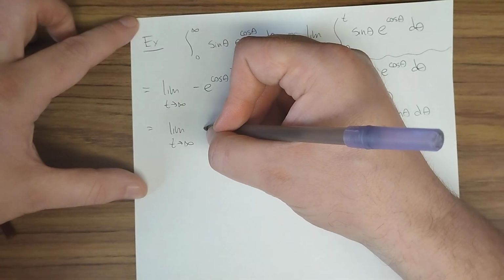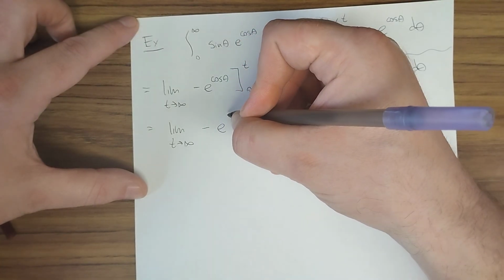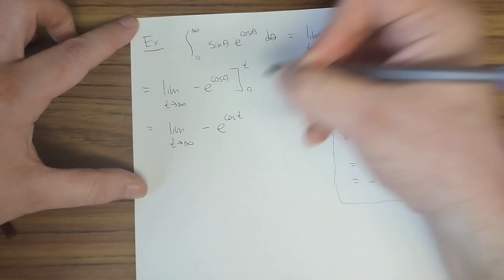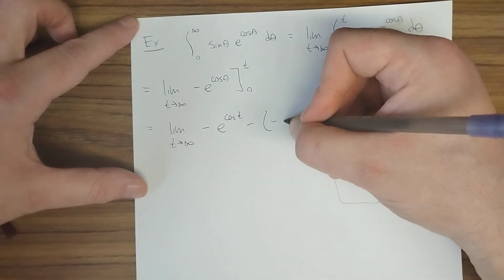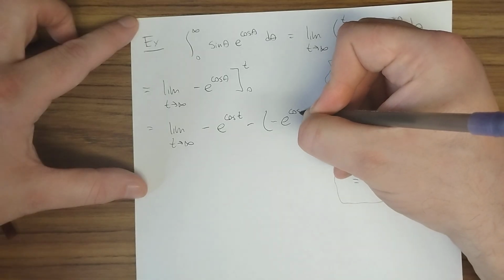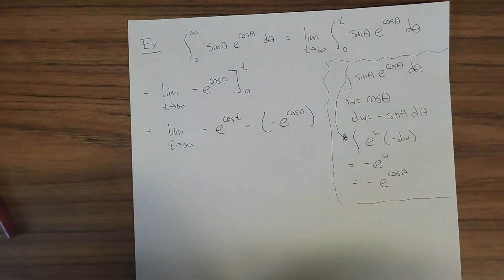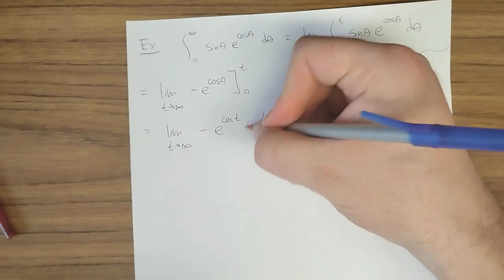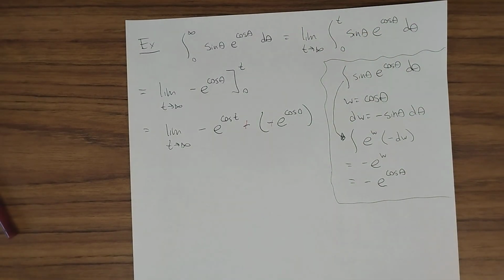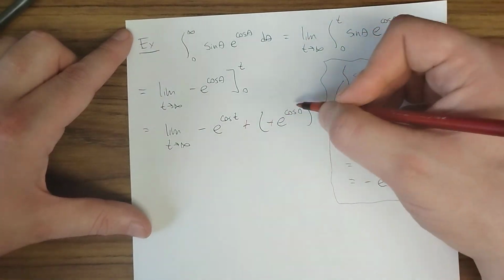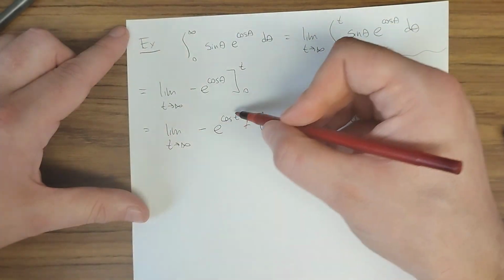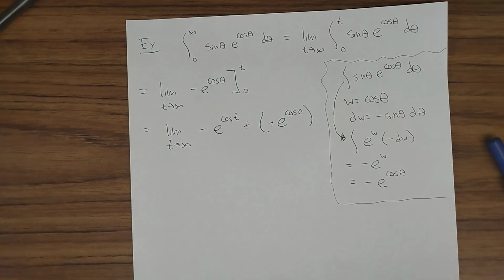I plug in t, and then I subtract negative e to the cosine 0. So that happens. And all right, I've got to do the limit as t goes to infinity, and so this part's fine. This doesn't even depend on t, but I have to think about this part.